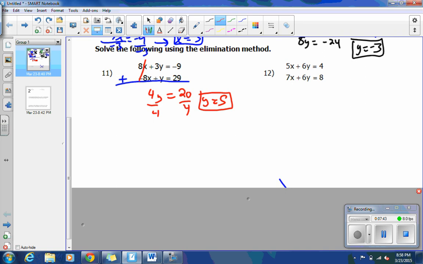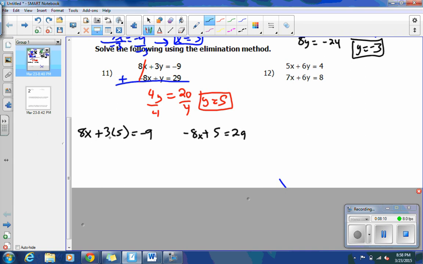Now what I'm going to do is plug that back in for one or both of the equations. For this problem, I'll plug it in for both. So our first equation is 8x plus 3 times 5 instead of y equals negative 9. The second equation is negative 8x plus y, or 5 in this case, equals 29.